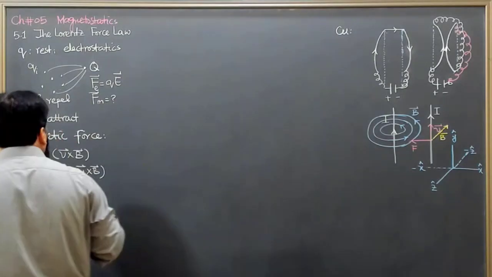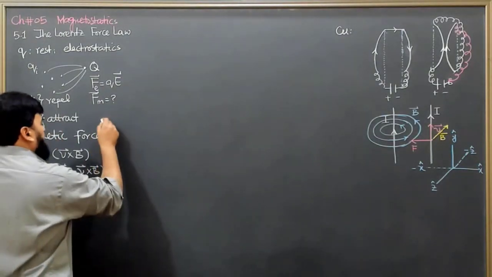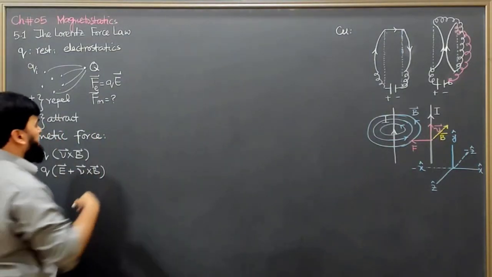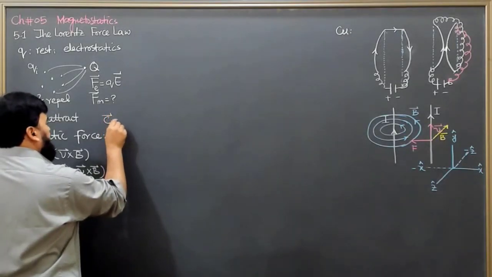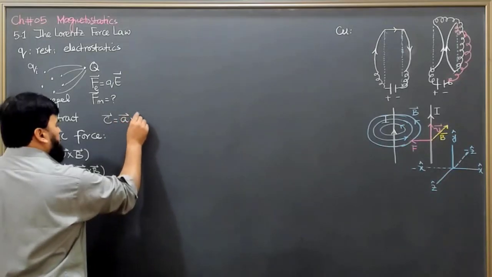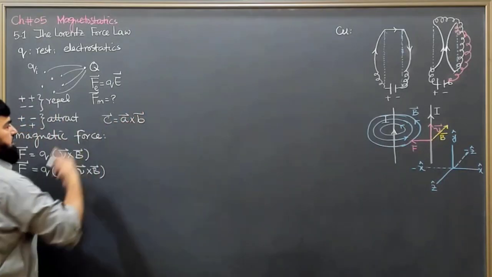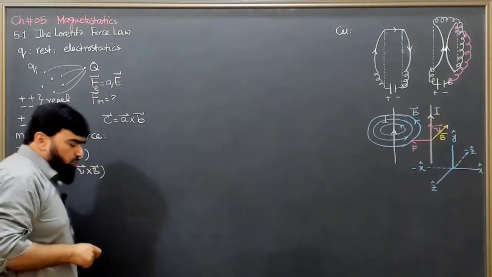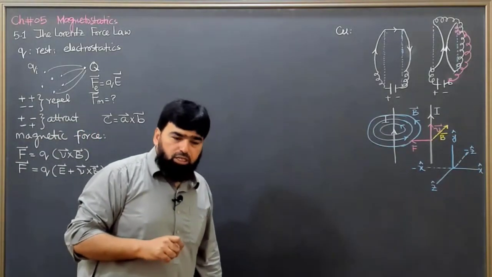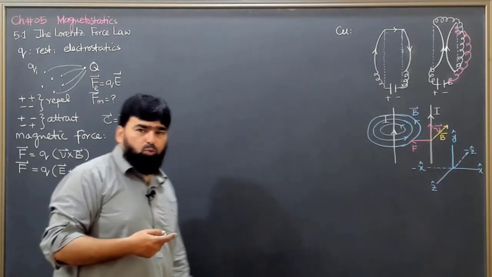Look here: for the direction of this force, when we say that vector C is equal to A cross B, two vectors A and B having the cross product with one another, C is their resultant vector.